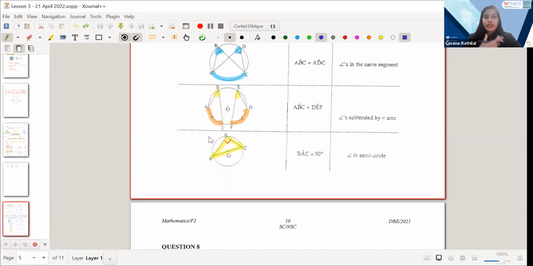We refer to that as angles in a semicircle because this triangle lies in one semicircle of the circle with center O.